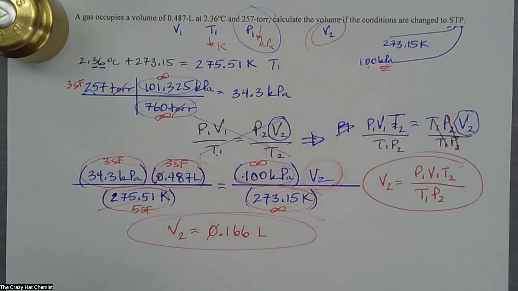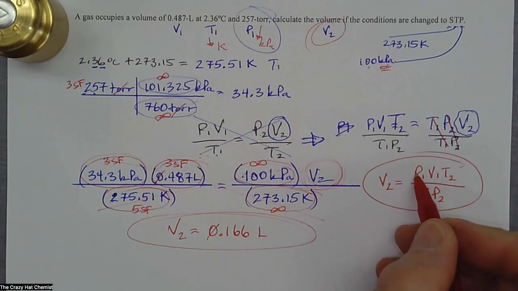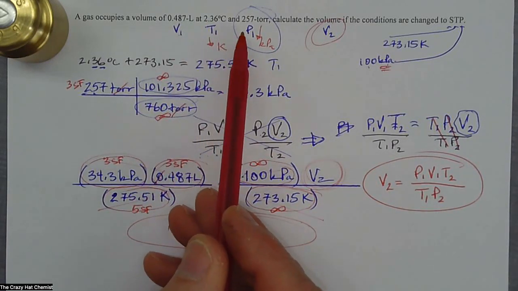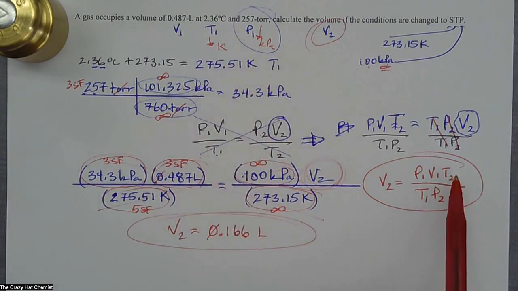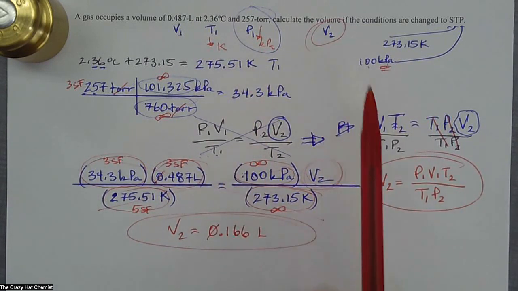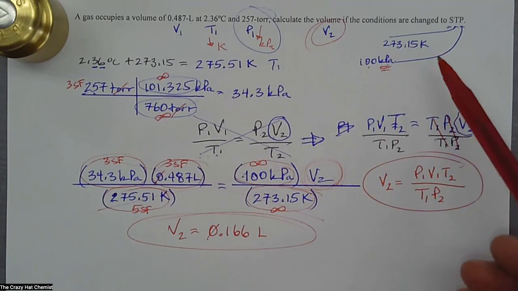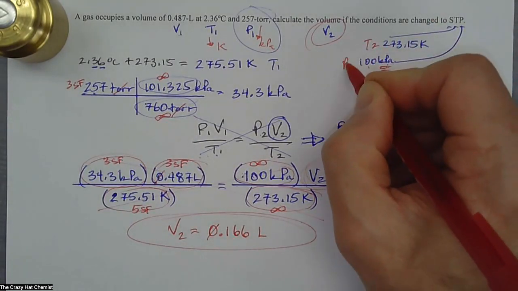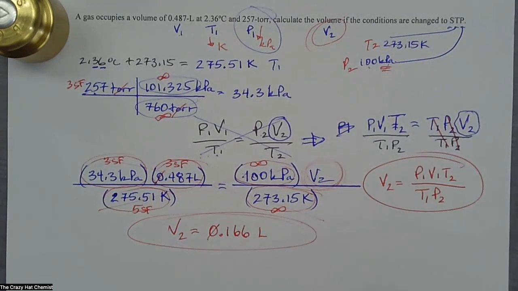So this is effectively what you're plugging into that. And you could look at the V1, T1, P1 and plug those in as appropriate, and you're solving for V2. That's what we're doing here. And then you know that this is the T2 and the P2 right there. And you could plug those in and you're going to get the same thing that we just got right over here. So hopefully that's going to work out for you and be effective as well.